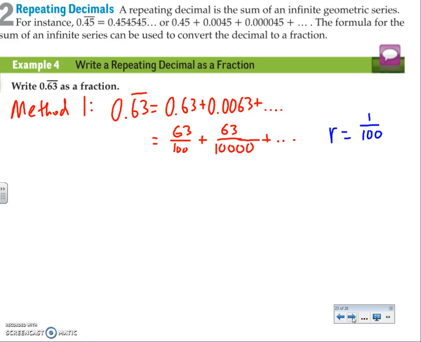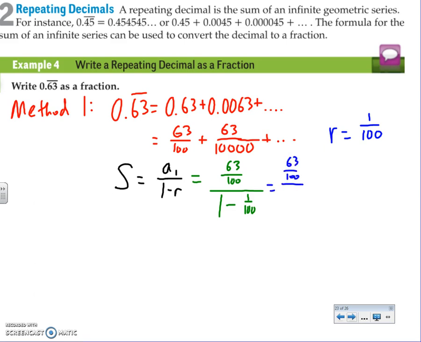So we can then use our summation formula. S equals a1 over 1 minus r. Our first term a sub 1 is 63 over 100, all over 1 minus r, which is 1 over 100. This is actually pretty simple. If I combine like terms, 100 over 100 minus 1 over 100 is 99 over 100.